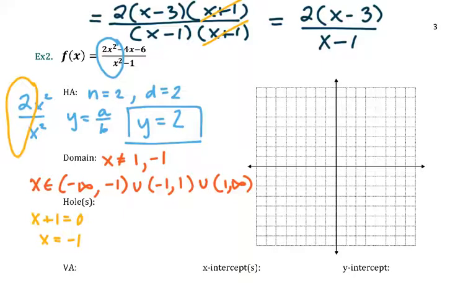And in order to find that value, I'm going to plug the negative 1 into my reduced version. I can't plug it into the original version because I'll get 0 in the denominator.